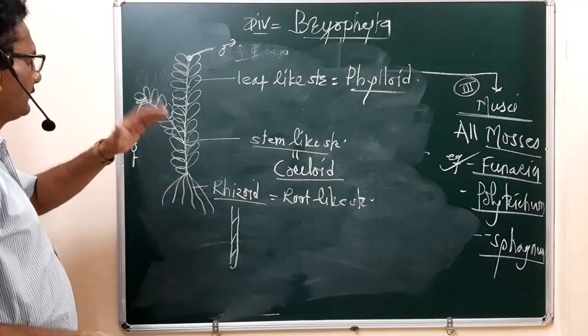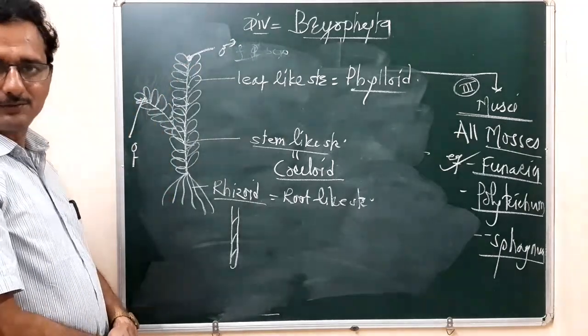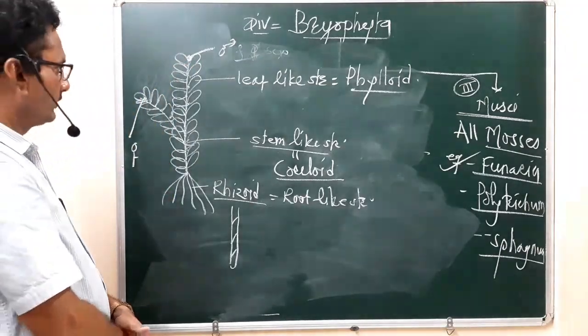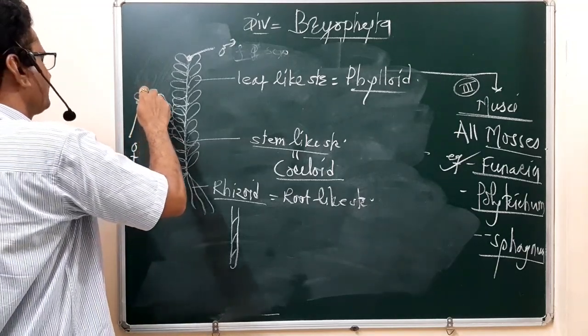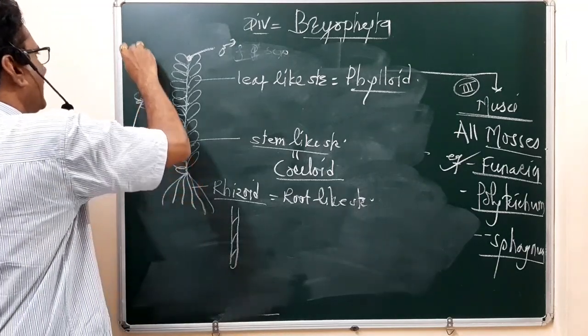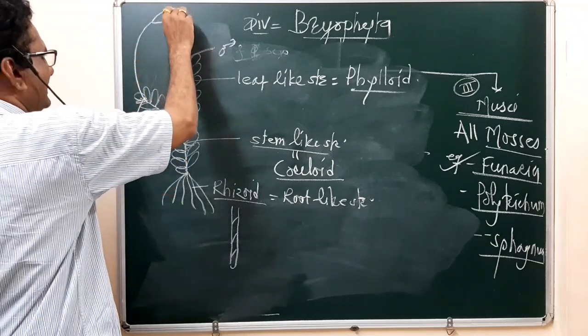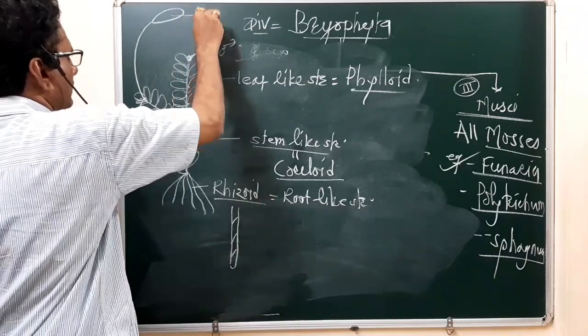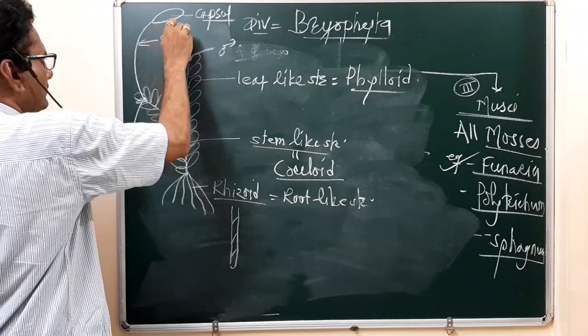Then after fertilization, when the male gamete fuses with the female gamete, what happens, students? The sporophyte is developed, and that sporophyte has such a structure. This is the capsule. Then this is a long seta.